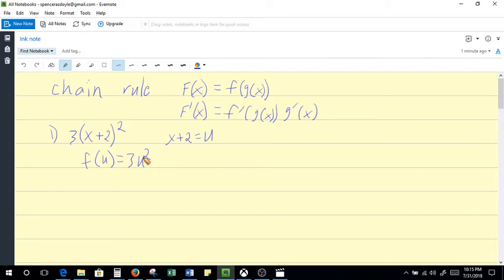That we can do via normal power rule, right? We can pull that number to the front and reduce this by 1. So if we wanted to take f prime with respect to u, that would be 6, right? 3 times 2, and reduce the power by 1. 3 minus 1 is 1.